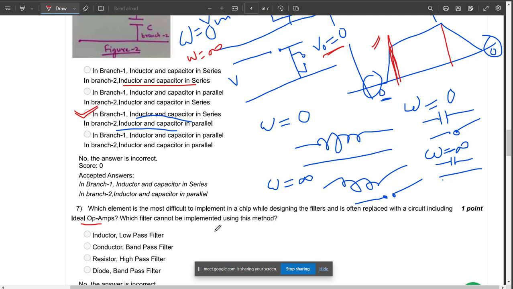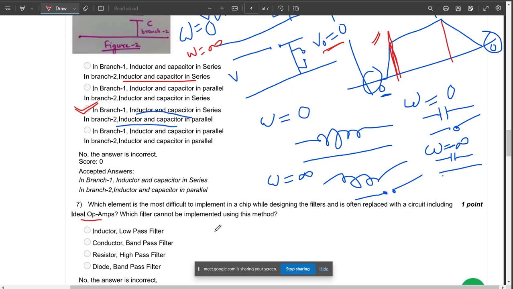It is the low pass filter. Which one? Low pass filter. Okay, why? Because in other configurations such as band pass and high pass filters, we have the inductor which is grounded.